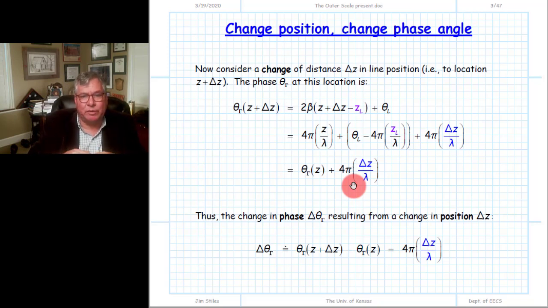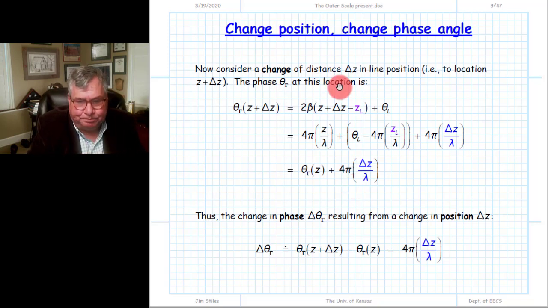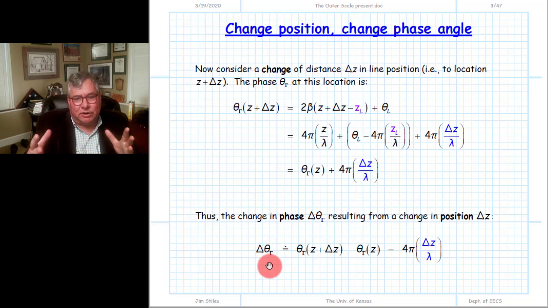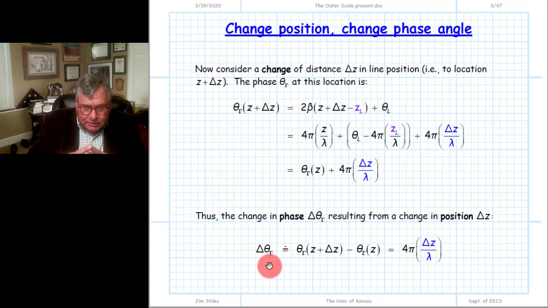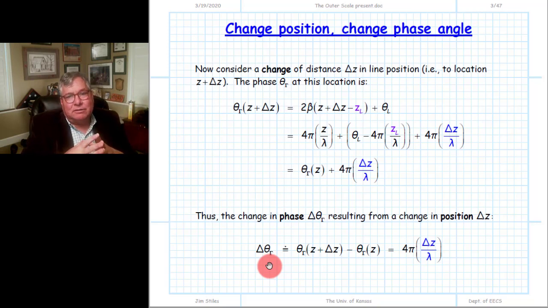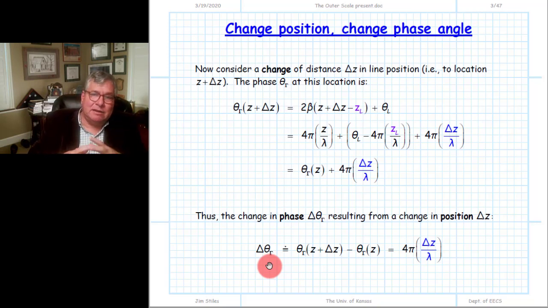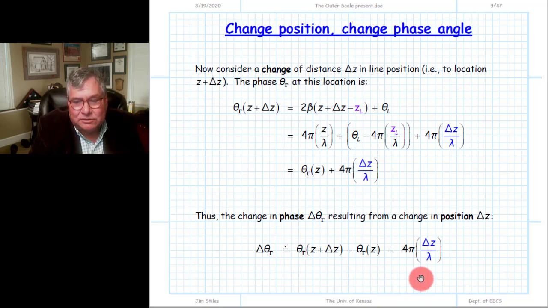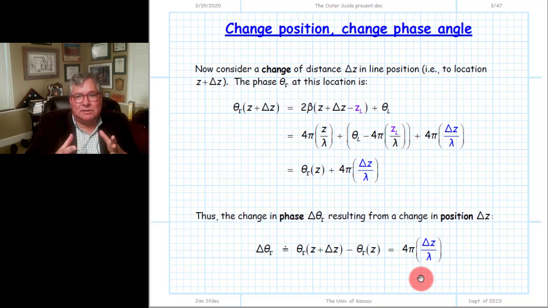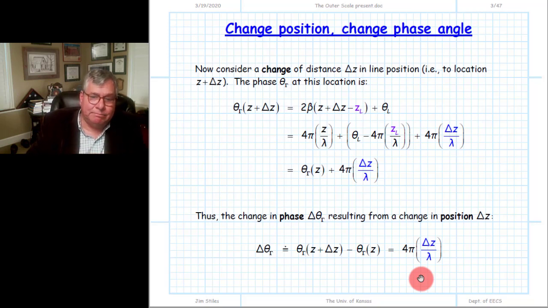And so the change in the phase angle due to a change in our location along the line can be expressed simply as 4 pi times delta Z over lambda, the change in distance normalized by lambda, times 4 pi.